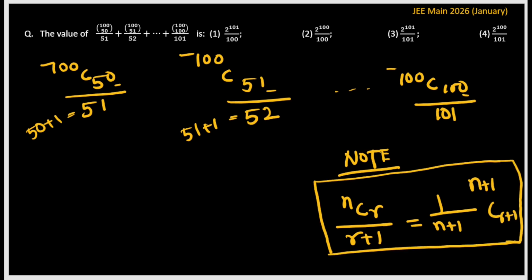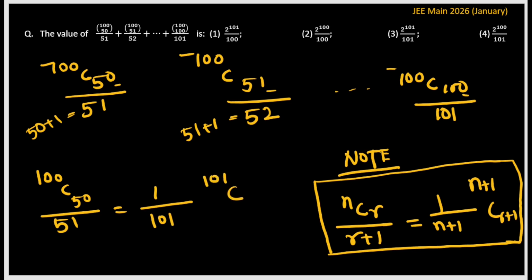So we convert each term using this identity, and that will convert to a nice form. The first term, 100 C50 over 51, converts to 1 upon 101, since n plus 1 is 101, C r plus 1, r is 50, so it is 51.